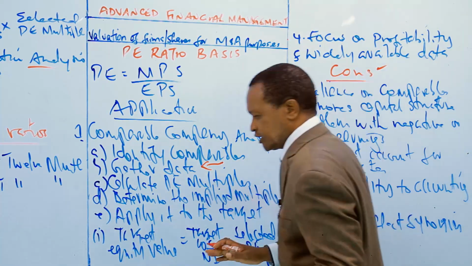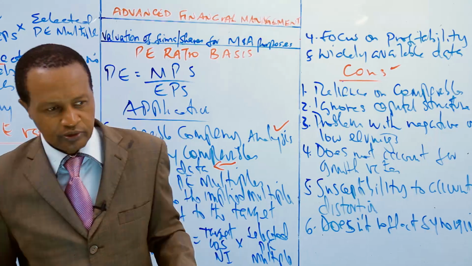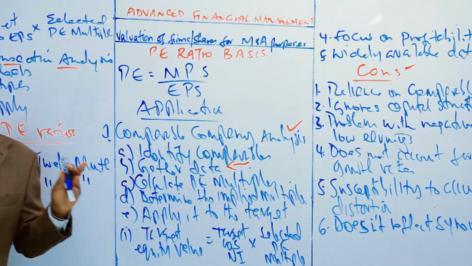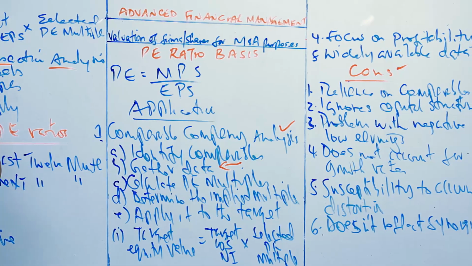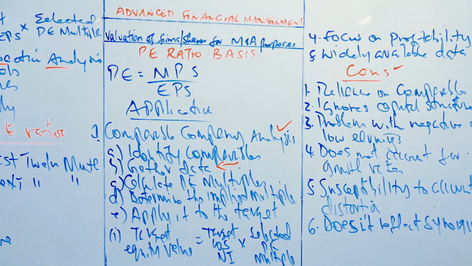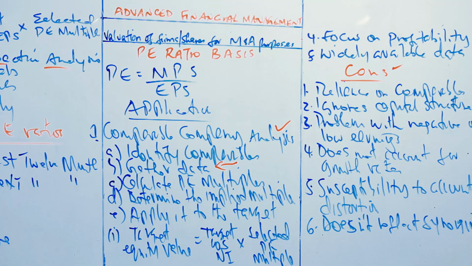In concluding, candidates, the PE ratio is a valuable tool in mergers and acquisition analysis, primarily for its ease of use and its ability to provide a quick relative valuation.